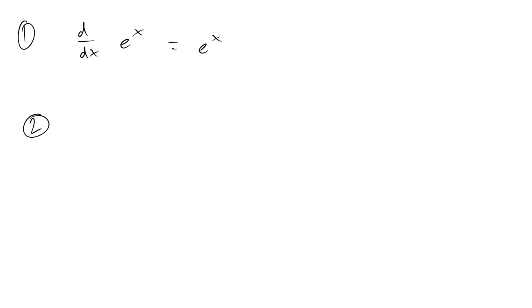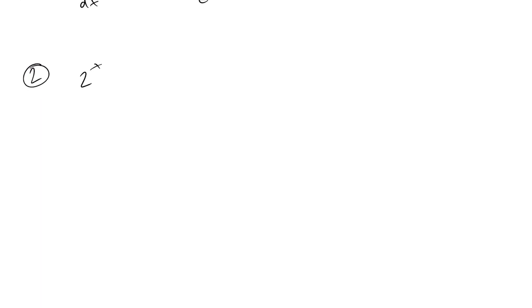If I were to tell you to find the derivative of 2 to the x, our first step here is going to be to apply the rule for a to the x, which we discussed earlier. So essentially here, let's write it down. We can go 2 to the x. We need to apply the rule for a to the x.